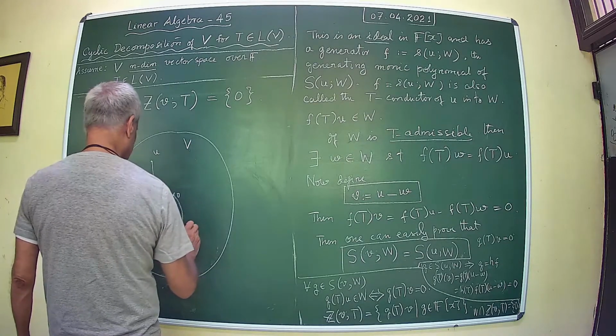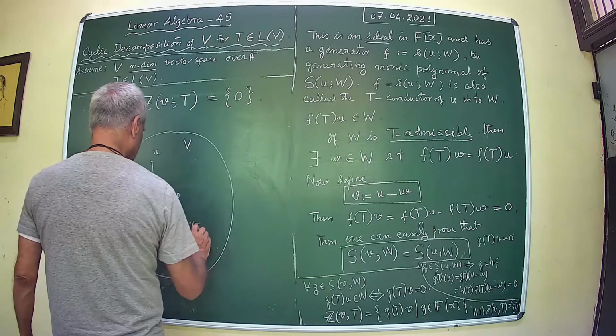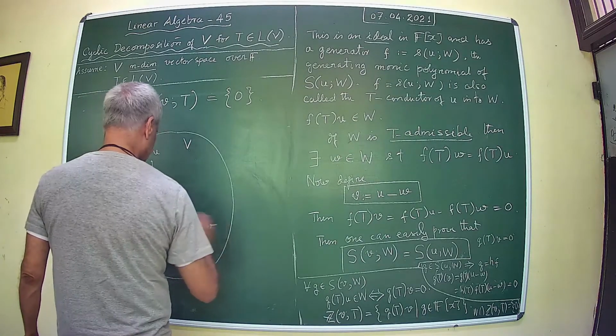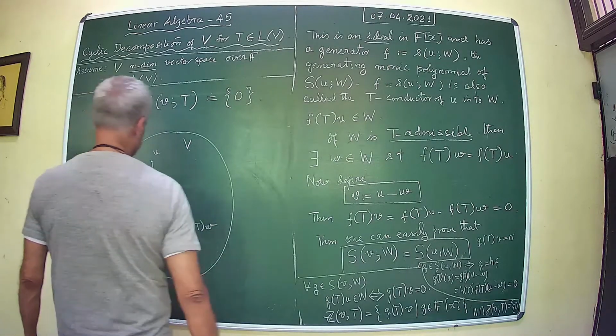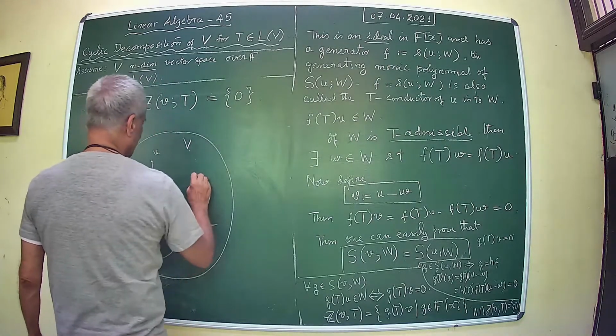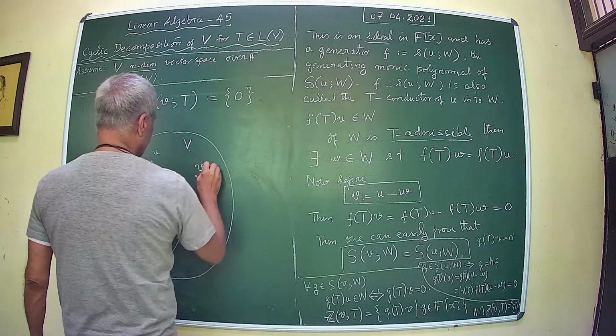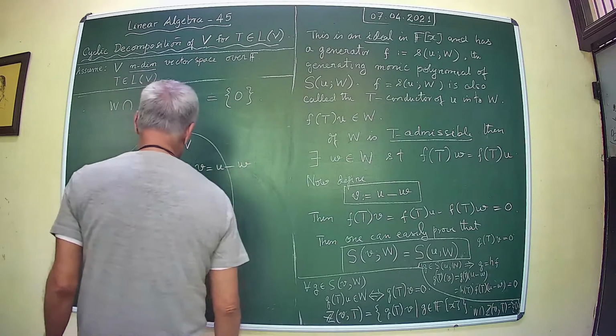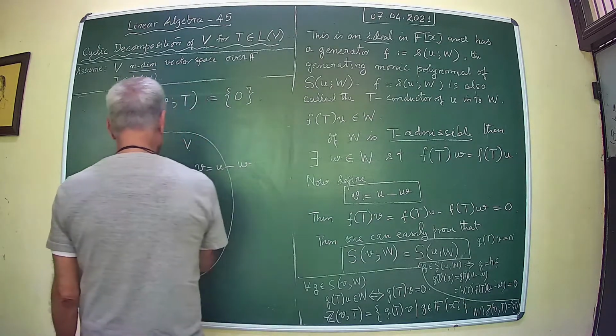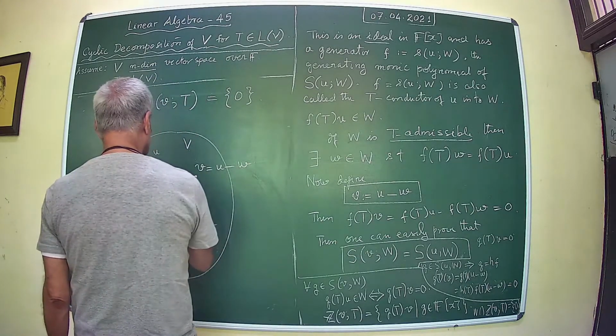So this is equal to W. Now choose V such that V is equal to... then what happens is that this is the one that gets mapped.